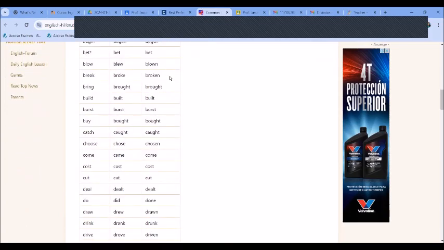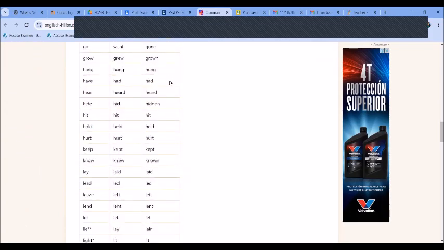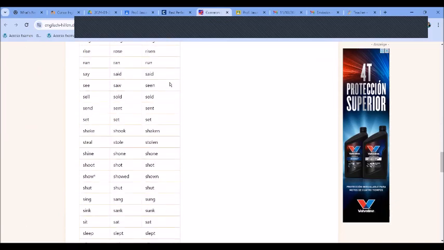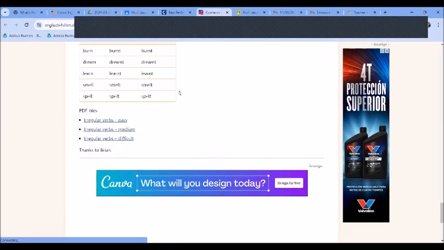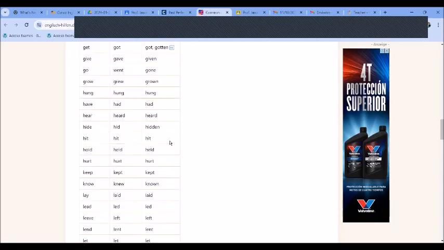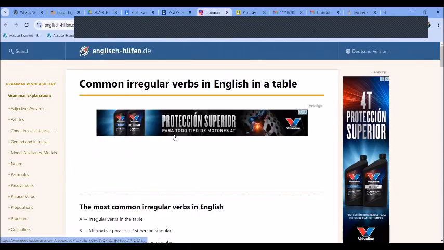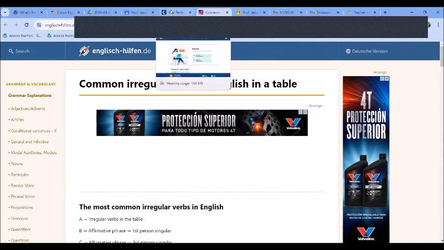So it's very important that you practice them, that you get to know them, and that when you are speaking and when you're writing, you choose the right ones. This one here says difficult. So if you want to see the really tough ones, that's the one to go to. But I recommend reviewing all of them so you get comfortable with this particular form.